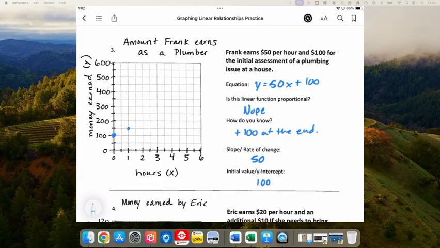So 50 bucks up each time. And so our graph will end up looking like that. So this is linear, but not proportional because it does not pass through 0, 0. It does not pass through 0, 0 because of the 100 being added to the end of the equation.